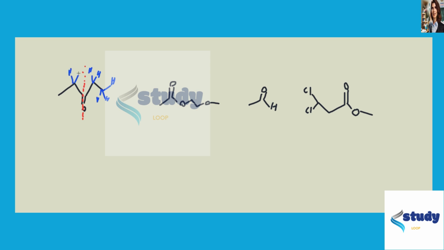These terminal protons, these 3 protons on the CH3, are directly bound to another carbon, and the same is true for the right side. So these 6 protons, 3 on each side, are chemically identical to each other, and the 2 protons on both sides are chemically identical to each other. So we have 2 unique NMR signals.